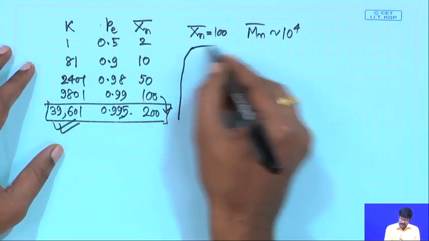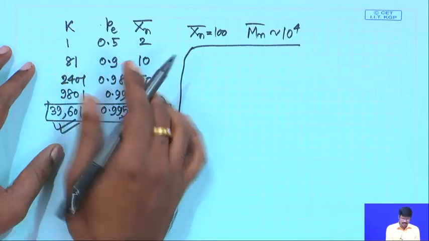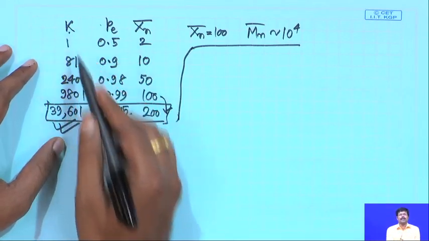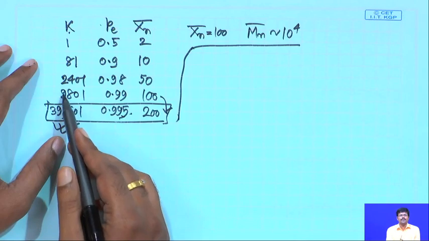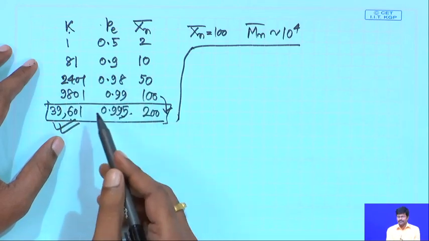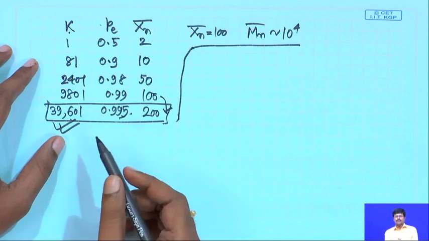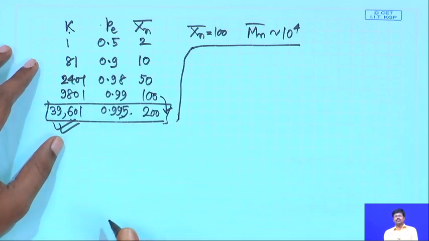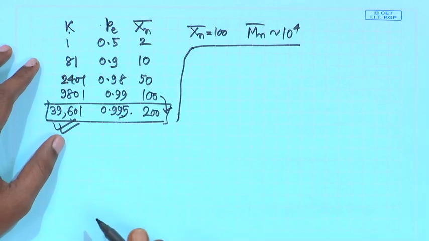So, for a reaction to be successful in a closed situation, your equilibrium constant has to be very high, at least in this range. It cannot be even say you have 3000, 4000, your Xn bar is not good enough. So, let us look at what are the typical K values or equilibrium constant values for your typical step polymerization reactions.